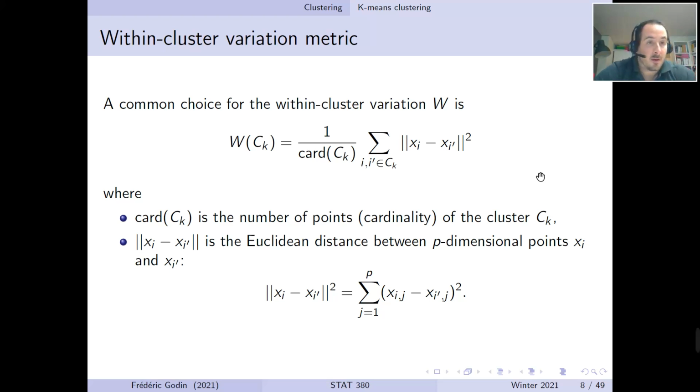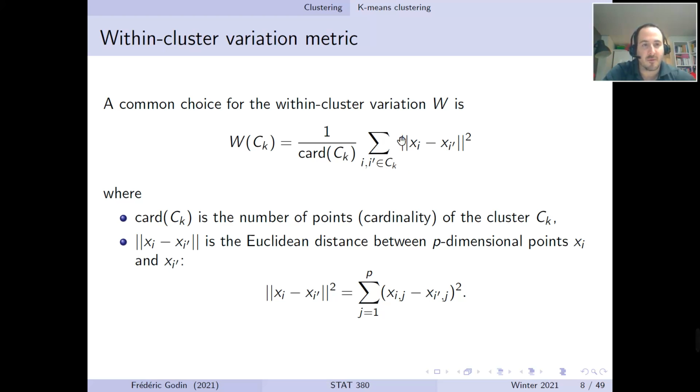So what is the function W we're going to use? Of course, there are many possible choices. We'll use the one proposed in the textbook, which is a standard, common choice. The textbook proposes the within cluster variation as 1 over the cardinality of Ck, the number of observations in cluster k, times a sum over all observations i and i prime in Ck.